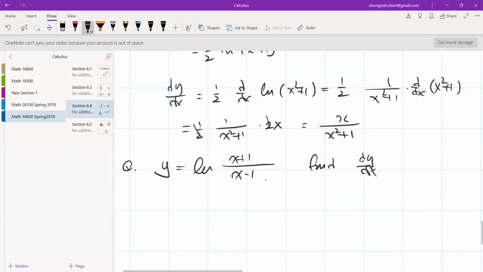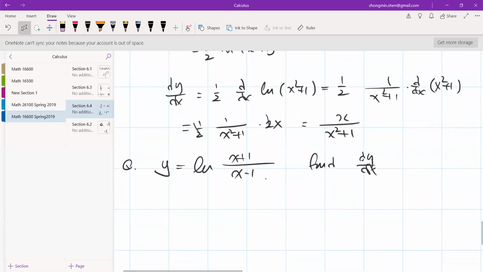If you find the derivative directly without modifying the function, you have to deal with the derivative of a fraction. I don't want to use the quotient rule to find the derivative. It's too much work. If possible, avoid using the quotient rule.